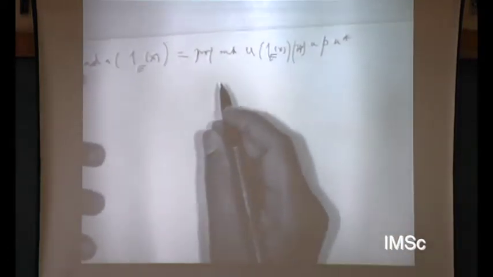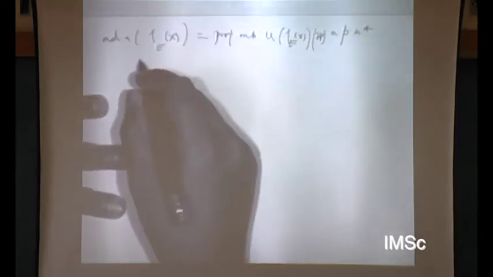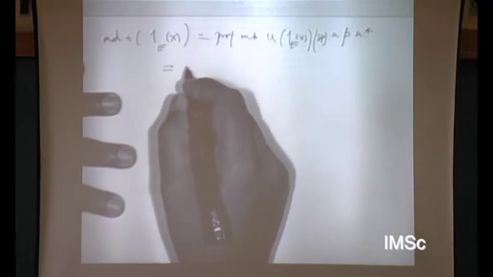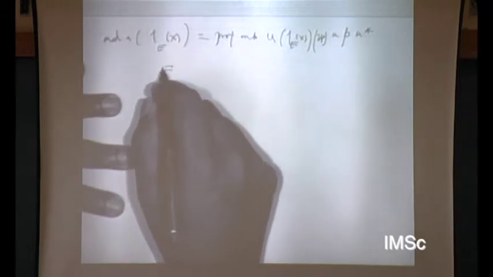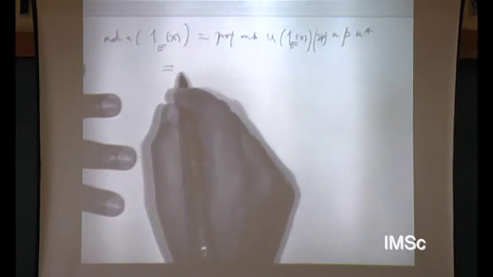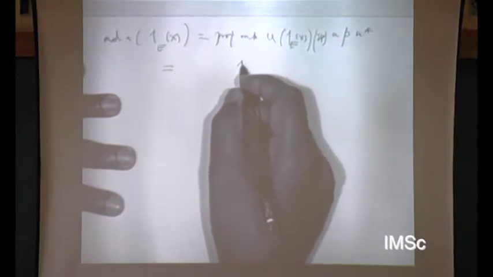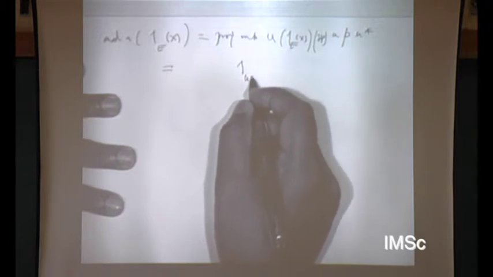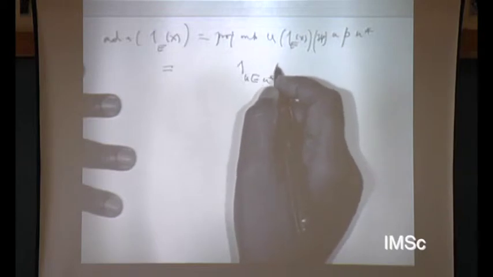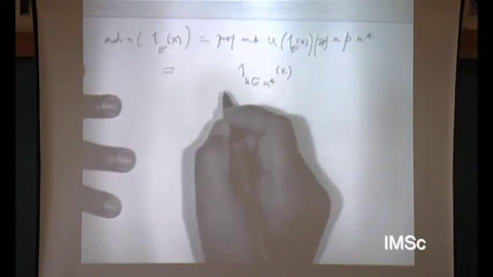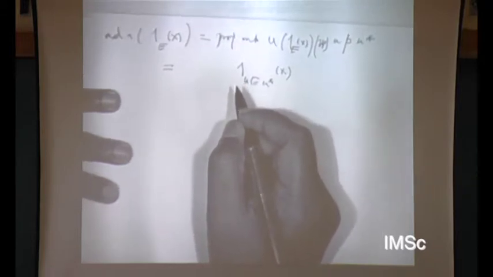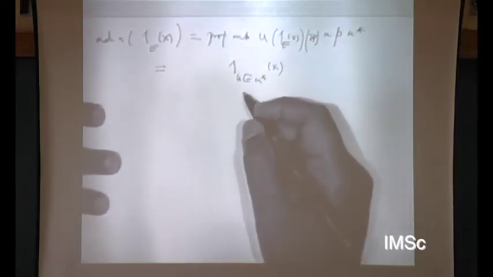So now what I want to say is that by uniqueness, this is equal to 1_E(U X U star). See, what is the range of this?